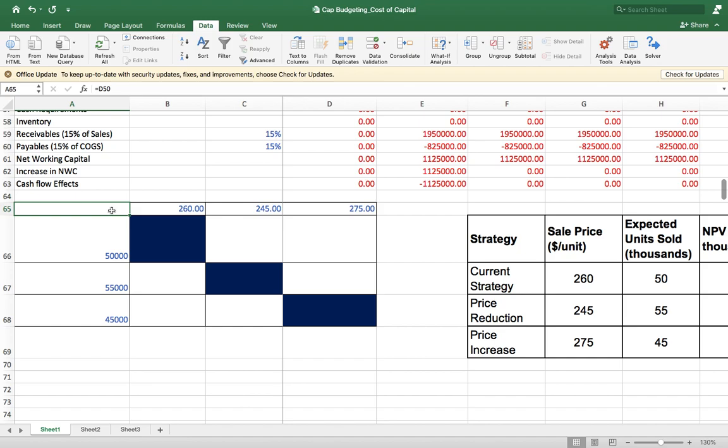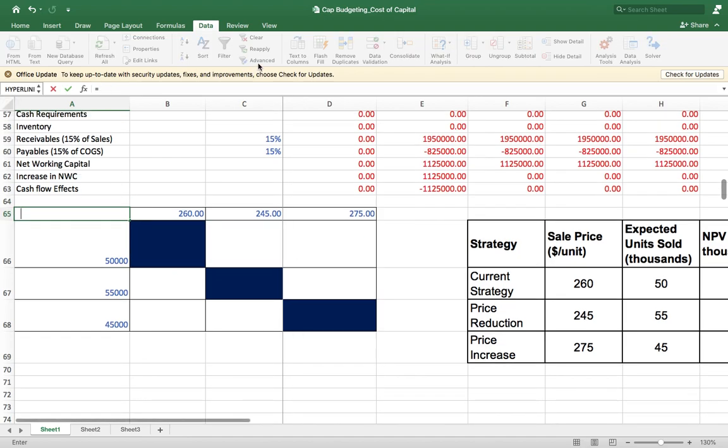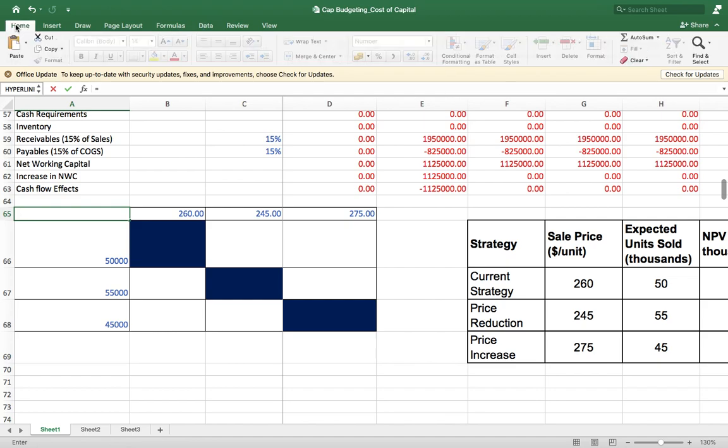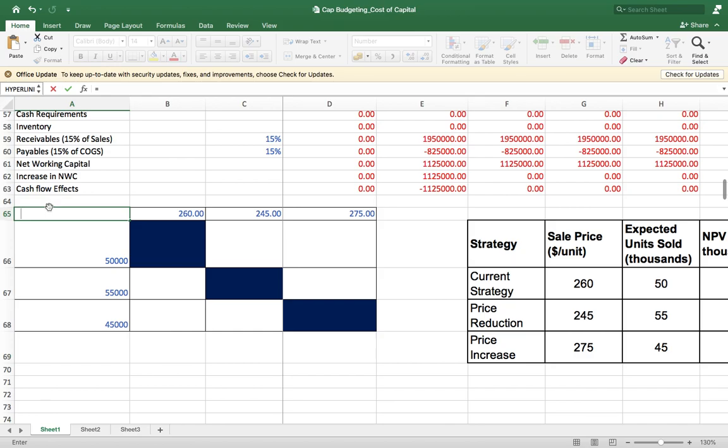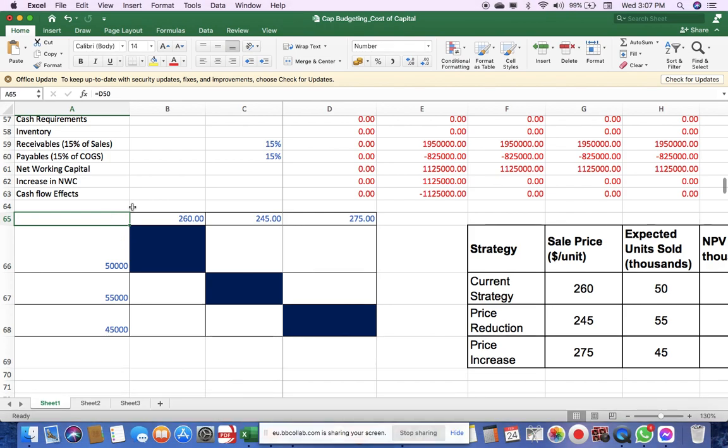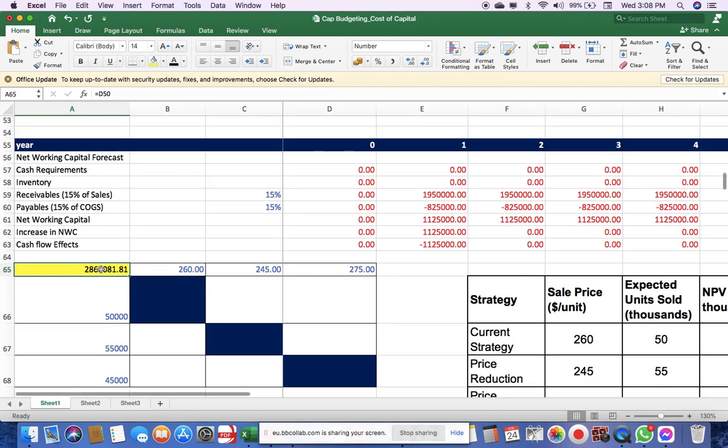What we will do here, first of all, let me show you the changes. I've made it white to give you a strategy.